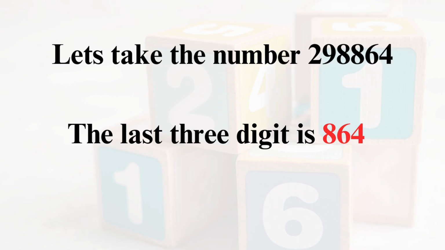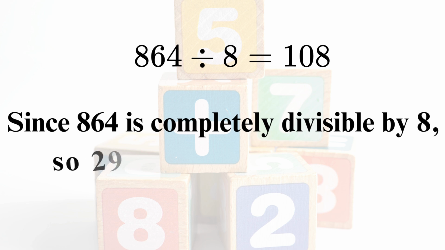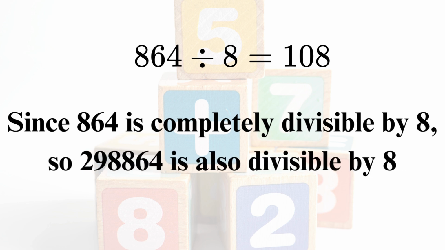As an example, 2,98,864, the last 3 digits are 864. If we divide 864 by 8, we get a quotient of 108, that means there is no remainder left. So 864 is completely divisible by 8, which means the whole number, 2,98,864, is also divisible by 8.